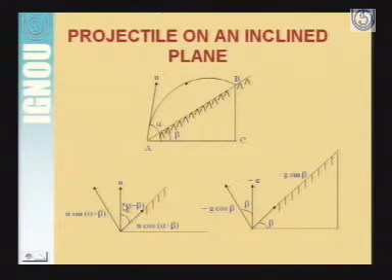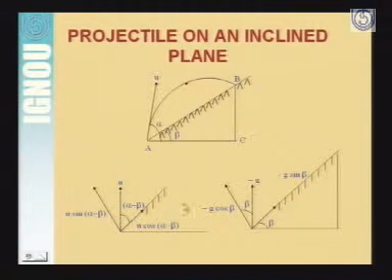Since this angle is alpha minus beta, the component of the velocity u along the inclined plane will be u cos(alpha minus beta), and the velocity in the direction perpendicular to the inclined plane will of course be u sin(alpha minus beta).